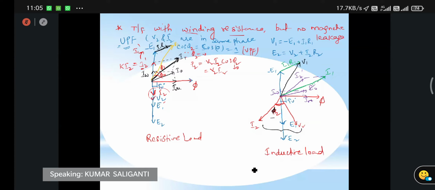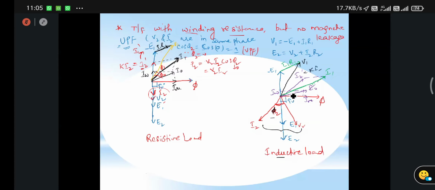Here I2 dash is nothing but K into I2. The angle between V1 and I1, and between V1 and I0, gives phi 1. So this is the inductive load.